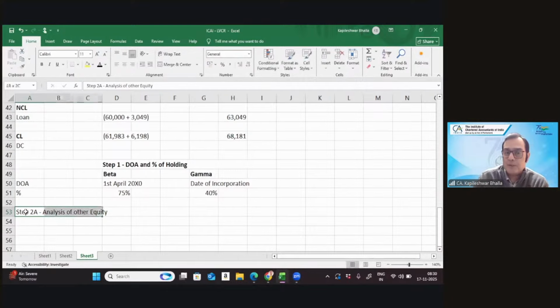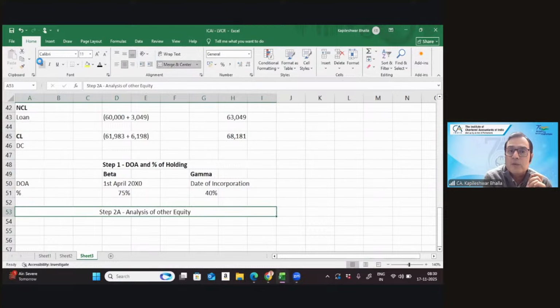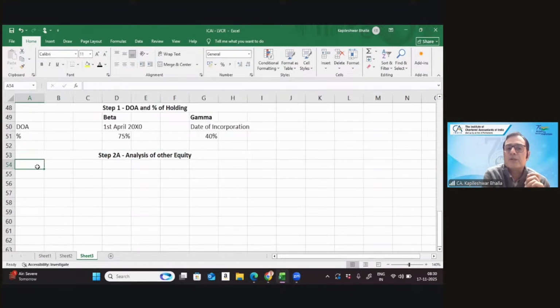As we proceed with step number 2A, let's first define what is pre and what is post. So we make some columns: particulars, pre-acquisition profits, and post-acquisition profits.